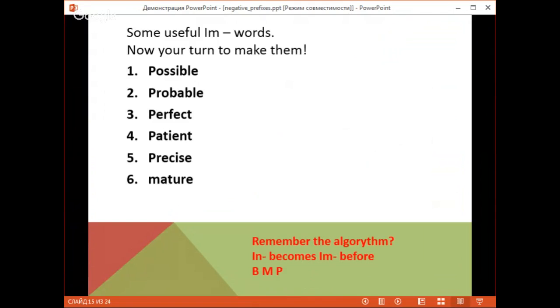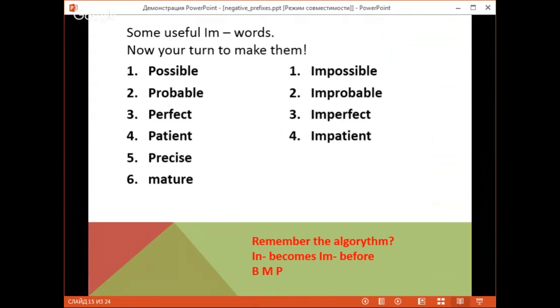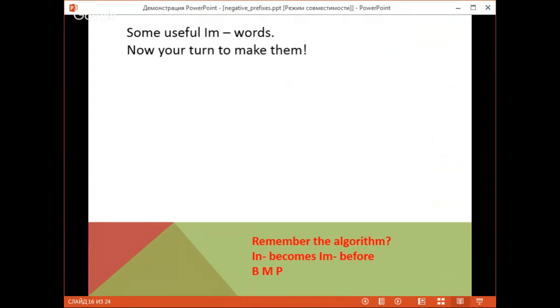When you want to make the opposite, you normally say, this is impossible or improbable, imperfect, impatient, imprecise, and immature. Hope this was easy.